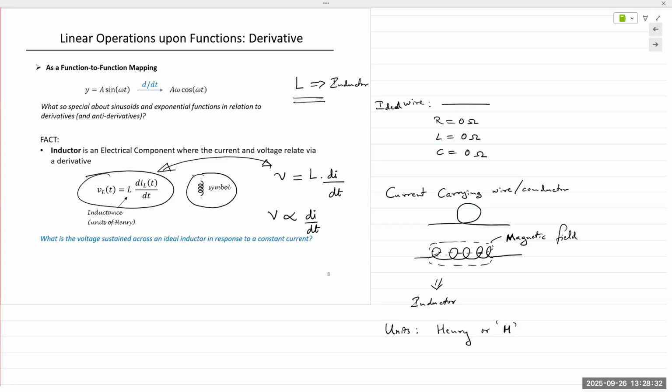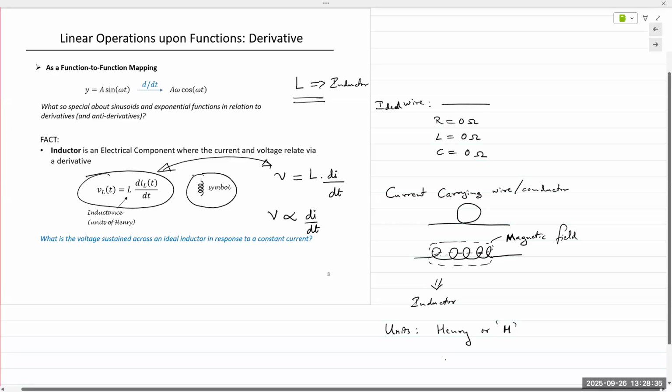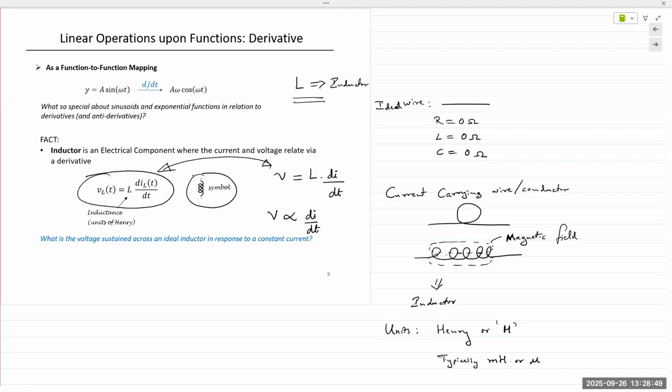Typical inductors are very small, on the order of millihenry or even microhenry. All right, let's take a pause, think over that. Let me know if you have any questions.